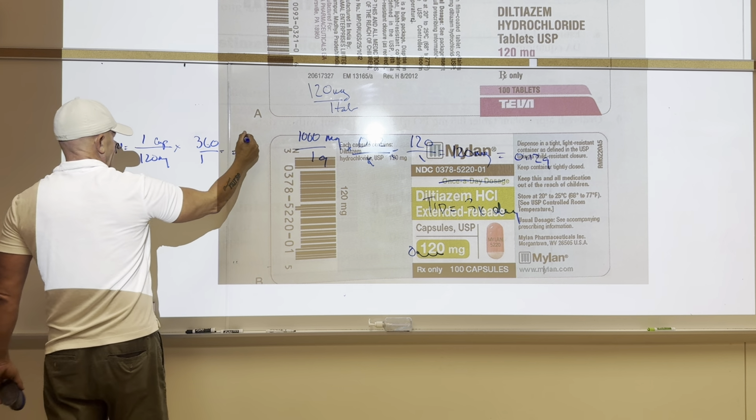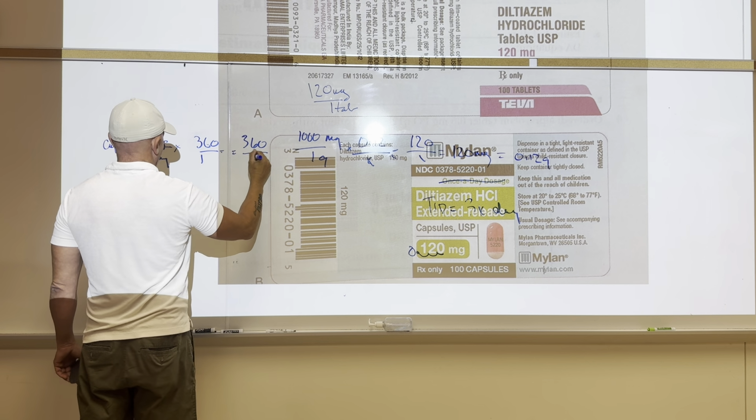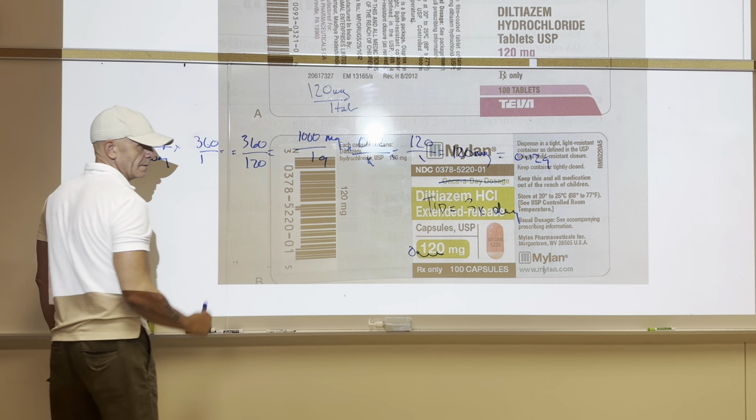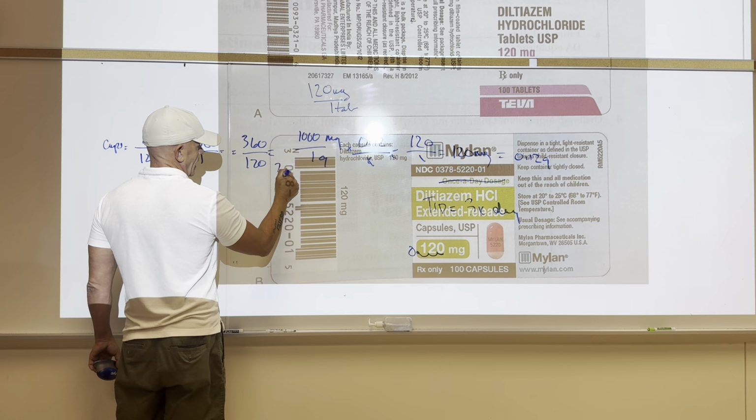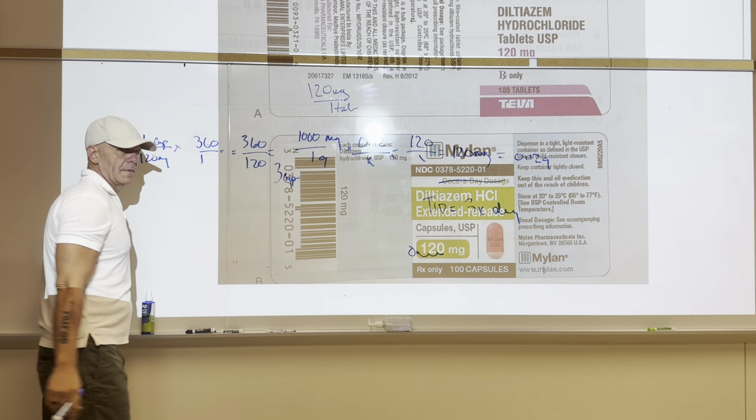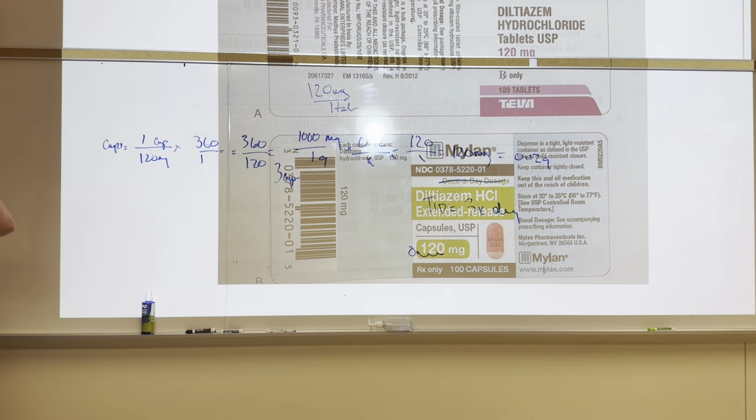So what's 360 divided by 120? Equals 3 caps.